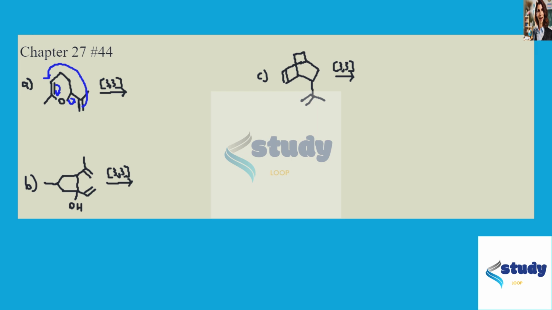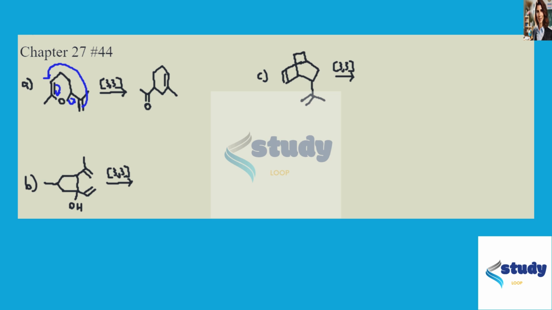And so once we know that, it becomes pretty straightforward to draw our product here. So that is our product for A.